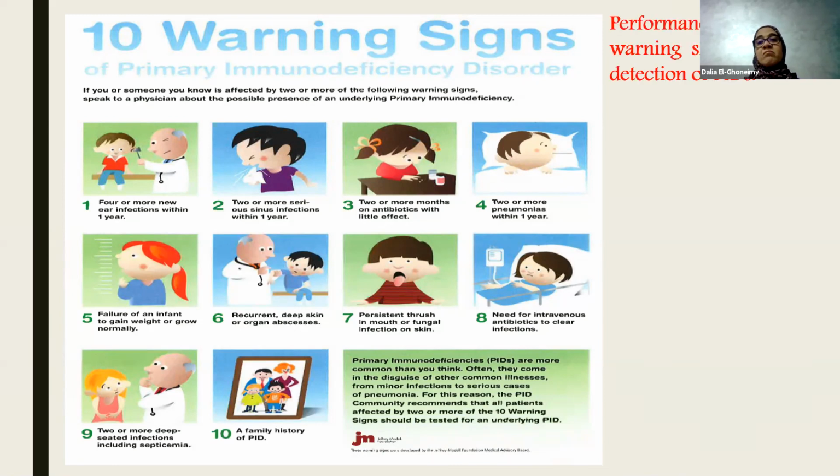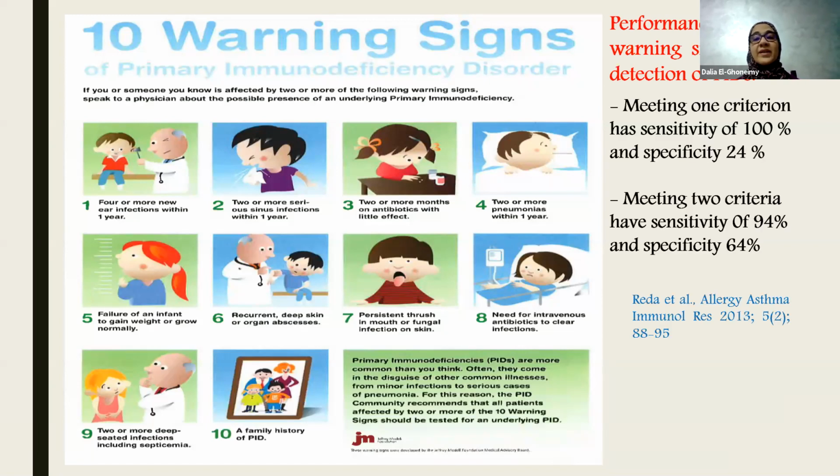But in research led by Professor Dr. Shereen Reda, and I was one of the co-investigators, testing the performance of the 10 warning signs in early detection of PID, we found that meeting one criterion has a sensitivity of 100% and specificity of 24%. And this increased to 81% specificity if we added parental consanguinity and history of sibling death.